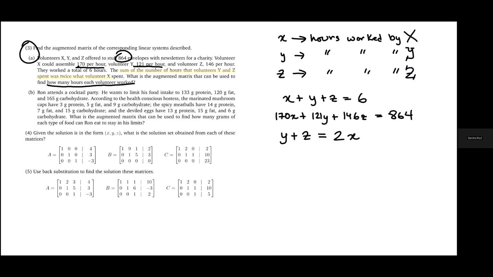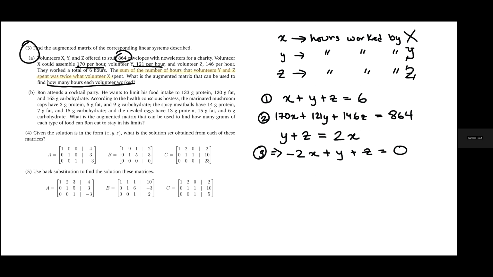So now all you have to do is arrange this so that it's in the XYZ format. So just move 2x over and we would end up with this. So our 3 equations are this one, this one, and this one. So we can make an augmented matrix.